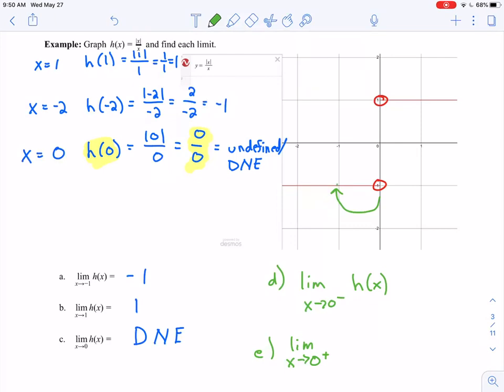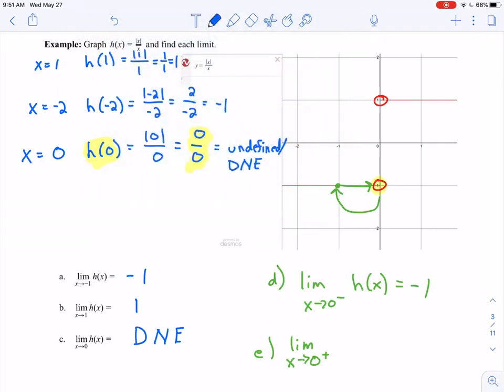So I'm going to move so that I'm a little bit to the left of 0, and then I'm just going to trace my graph, and I'm going to say, okay, if I follow this graph back to 0, what y value are we pointing at here? So the limit as x approaches 0 from the left-hand side in this case is equal to -1. Because if you visualize that arrow, the left-hand side of my graph is pointing at -1.